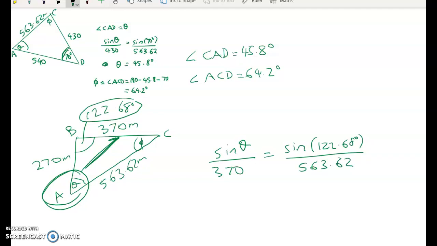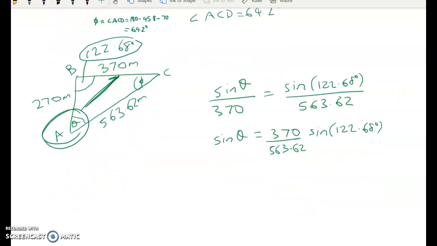Rearranging, we get sine of theta is equal to 370 times sine of 122.68 over 563.62. So that gives me a number, and then I take the inverse sine of that, and I get theta is equal to 33.54 degrees. Okay, so that's that one found.